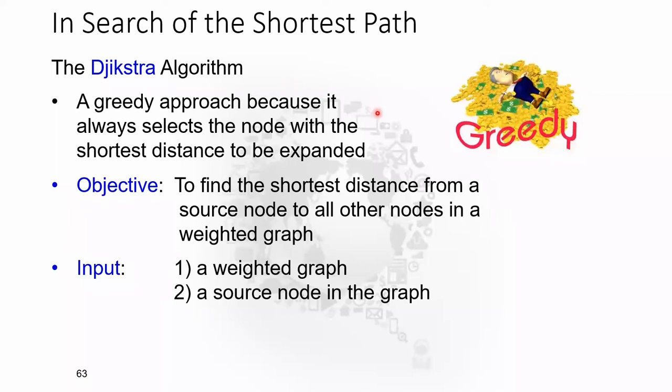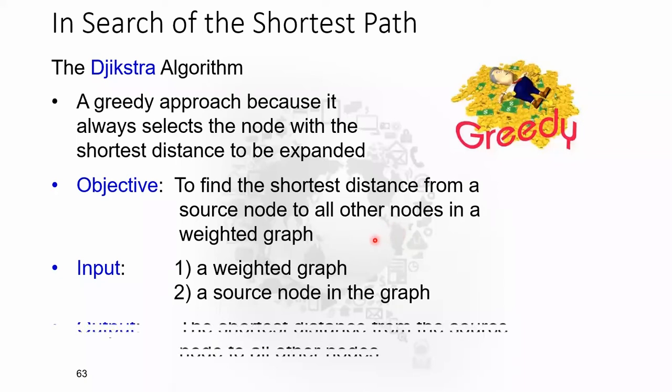So the objective is to find the shortest distance from a source node to all other nodes in a weighted graph. The input would be a weighted graph and a source node in the graph. So one day, when you go shopping with your girlfriend or boyfriend, if you want to save some time, some distance or some toll fees, then you can use Dijkstra's algorithm to find the shortest path.